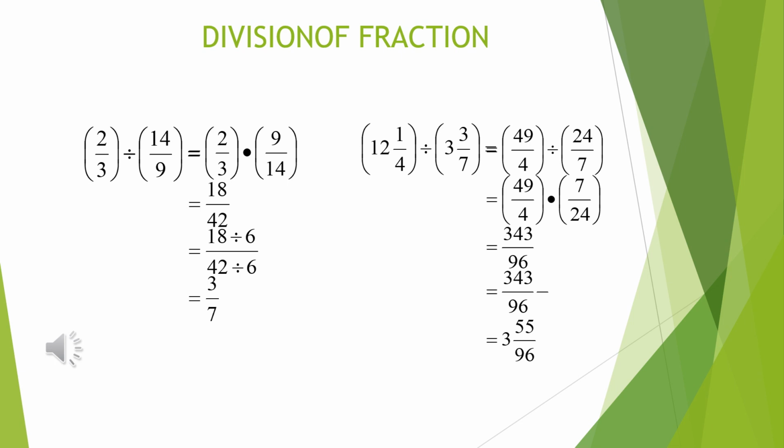Multiply the numerator by the numerator and the denominator by the denominator. 49 times 7 equals 343, and 4 times 24 equals 96. Now we are going to divide 343 by 96. The answer is 3 and 55 over 96.